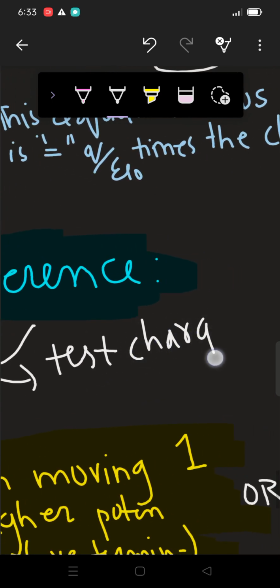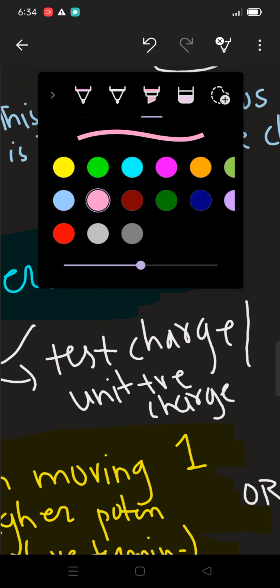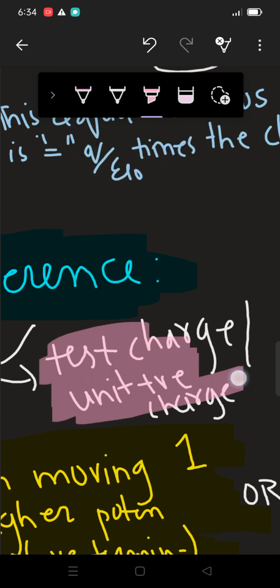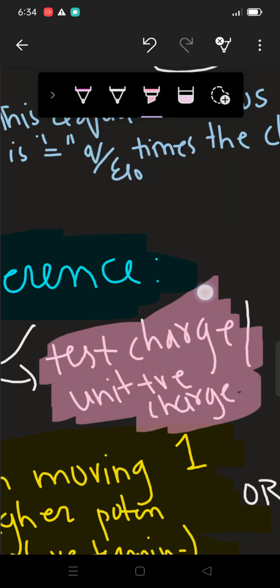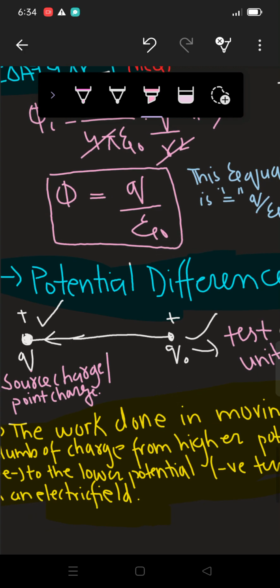So here again you have got 4 more MCQs. Alright, test charge or unit positive charge. So work done per unit charge, when a test charge is moved from lower potential to the higher potential against the electric field.